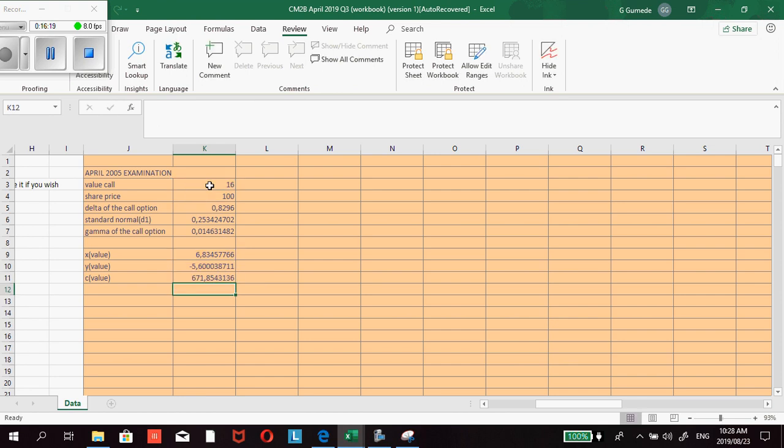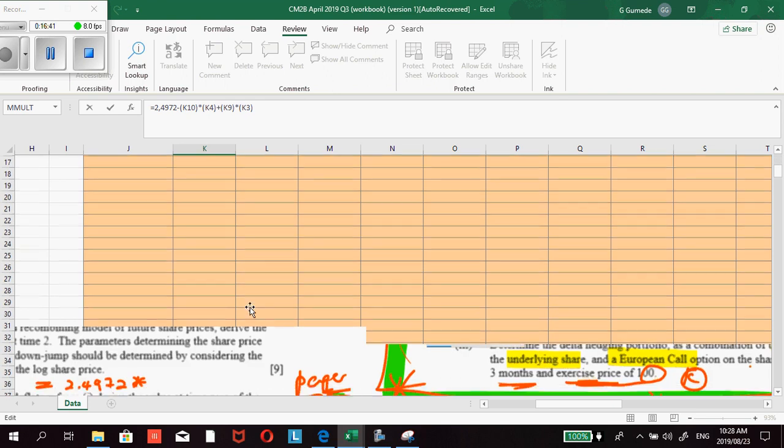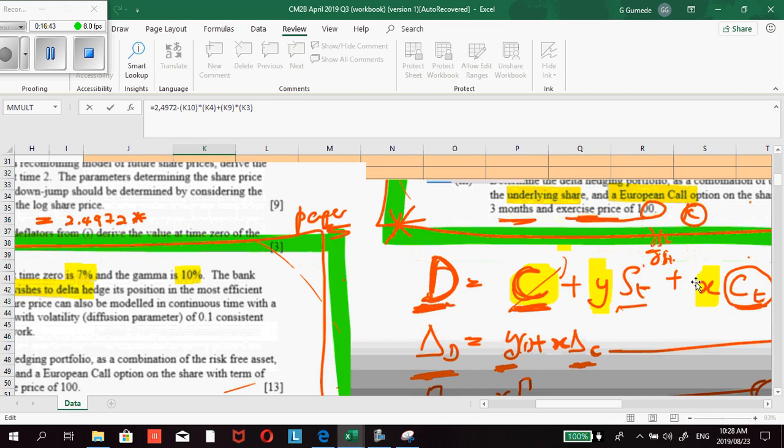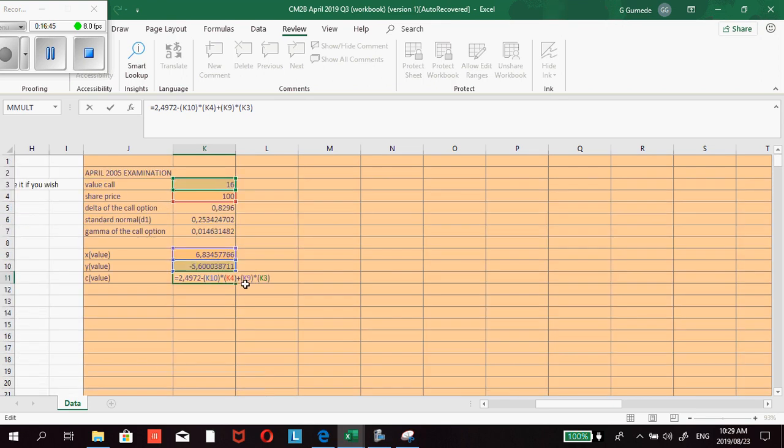Now it's time to punch this into my calculator. Let me put this in brackets. Seems like I made a mistake there. Why am I adding that? I'm supposed to subtract this, because plus goes to the side.